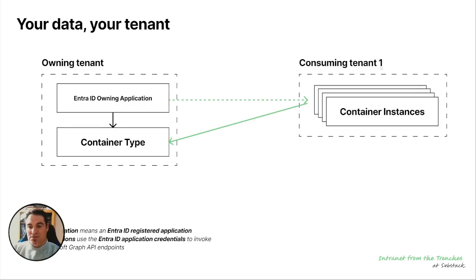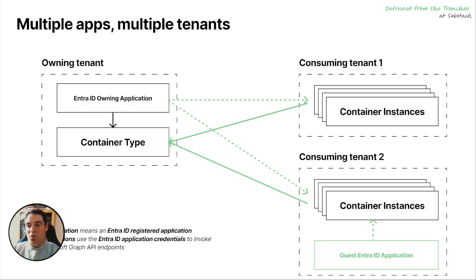As I said, this container type can manage high level container configurations. The container will live in the consuming tenant and is accessed by the owning application. But not only that, because we can have more tenants and we can have these container instances based on the container type, or regulated in some way with this container type.